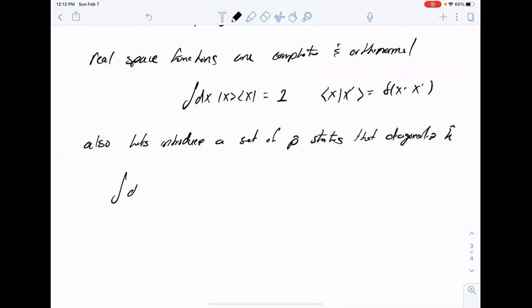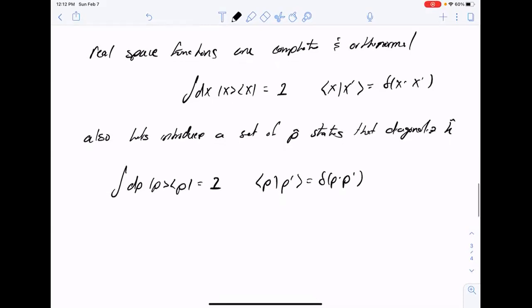Those states would also need to satisfy a completeness and orthogonality. That just means that I can create a full Hilbert space from those states.